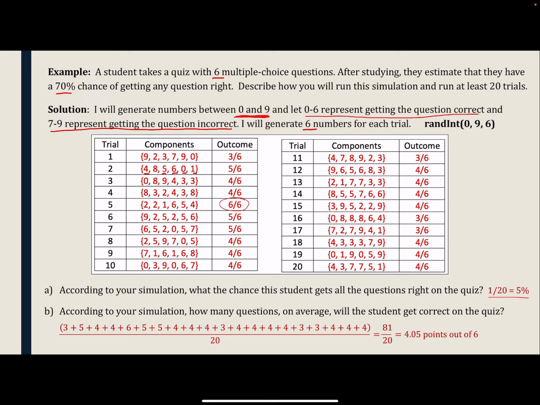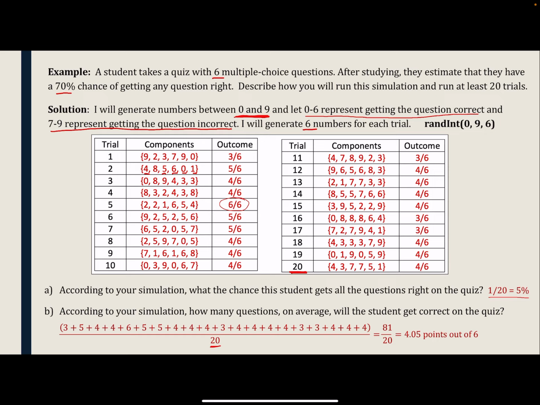But another question that I can ask with regards to simulations asks for an average. So I could also say, according to the simulation, how many questions on average will the student get correct on the quiz? Remember that an average is adding them all up and dividing by how many there are. There are still 20 trials, so I'm just dividing by 20.